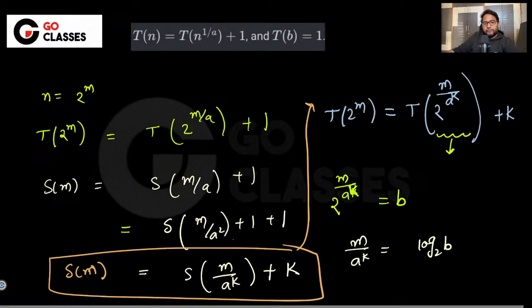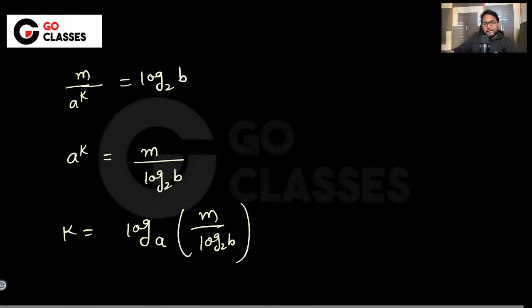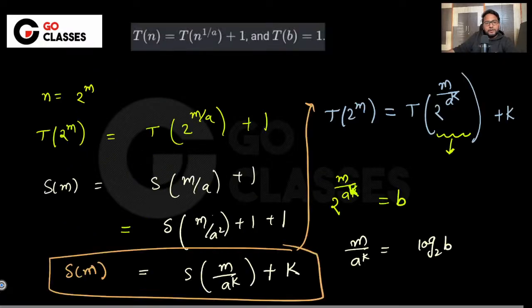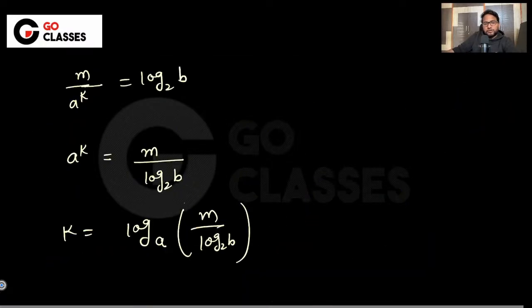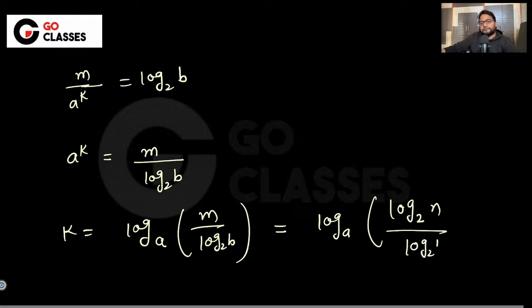So what is k? K is log base a of m, and the value of m is log n. So this is log base a of log base 2 n upon log base 2 b.